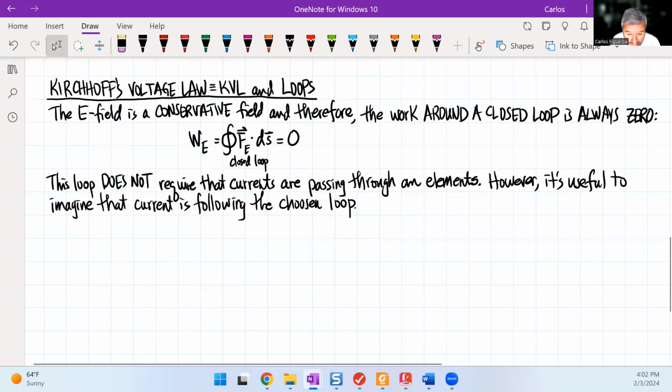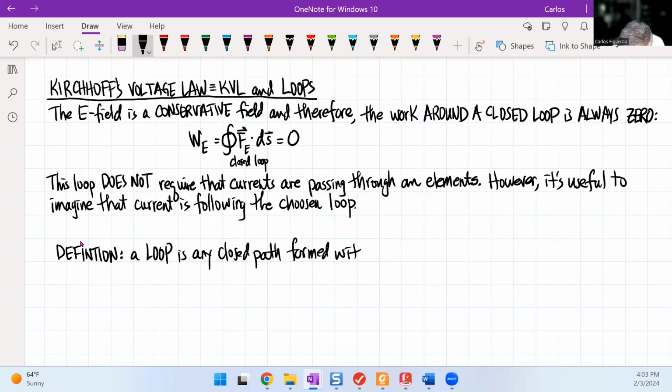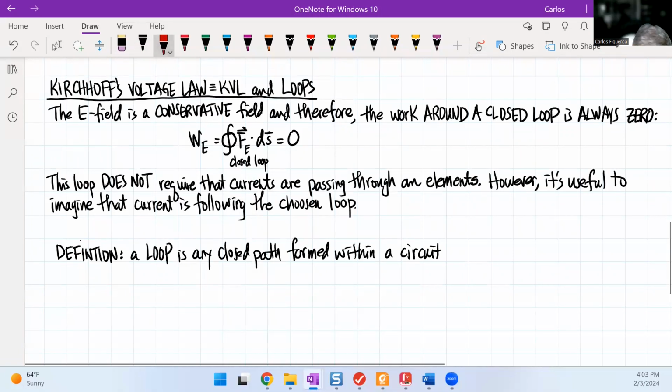So here we go. So we could now make a definition. The definition is a loop is any closed path formed within a circuit. So that's our definition of a loop.